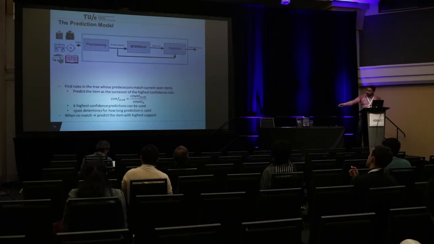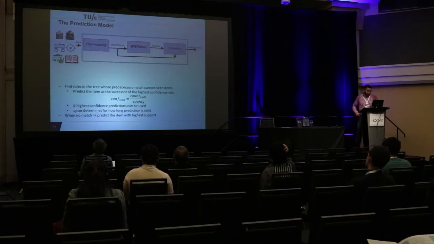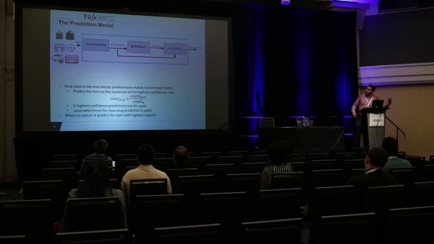And the confidence of some rule is simply the count of its appearances in the transactions over the count of the appearances of the predecessors. So we rank the rules accordingly, and then whenever we see some items in the stream and we want to predict the next item, we search into the rules that match the current items that we see in the stream, and we try to predict what comes next.